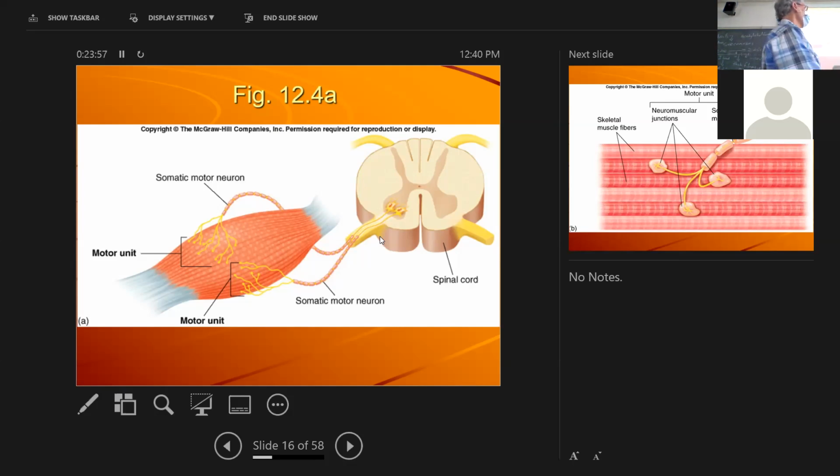It gets eventually to the spinal cord and it attacks motor neurons. It can destroy those motor neurons. If it destroys those motor neurons, what happens to your ability to contract that motor unit? It disappears. And if that happens to be muscles in the lower part of your body, you lose the ability to walk.